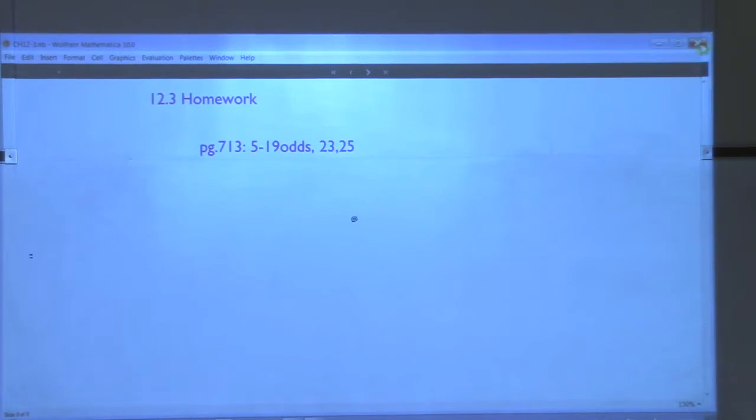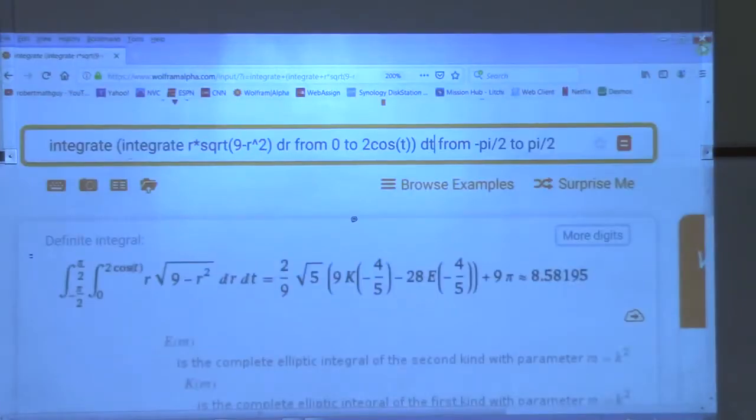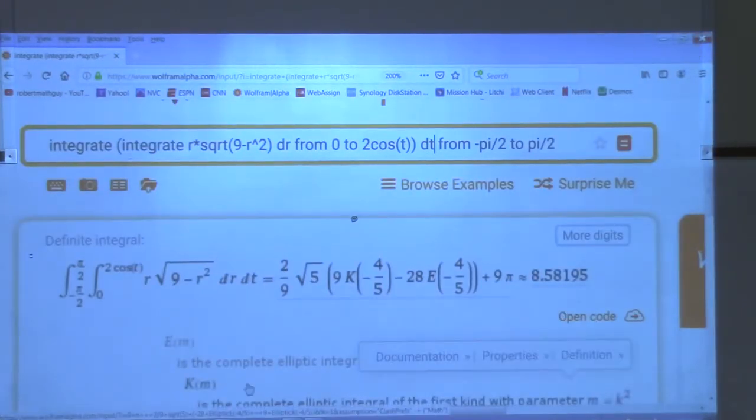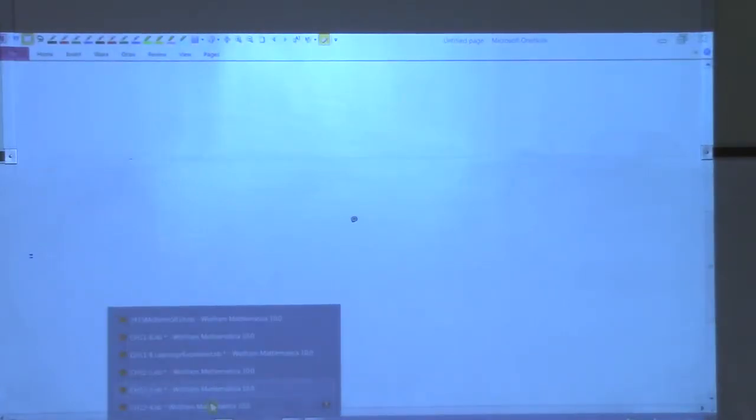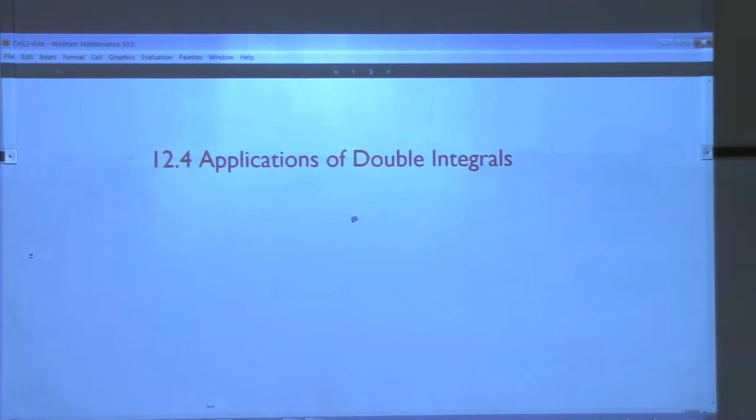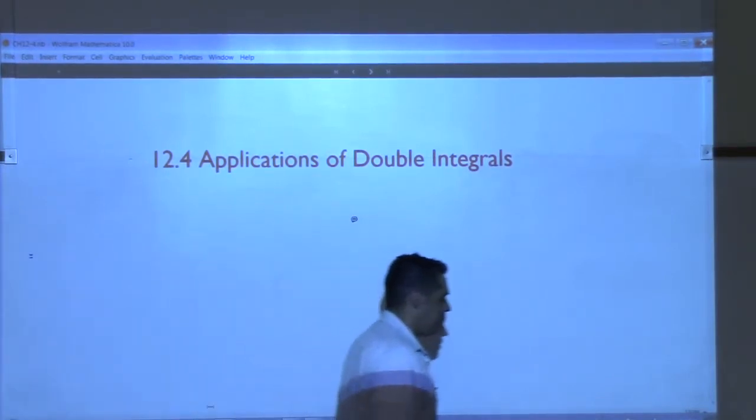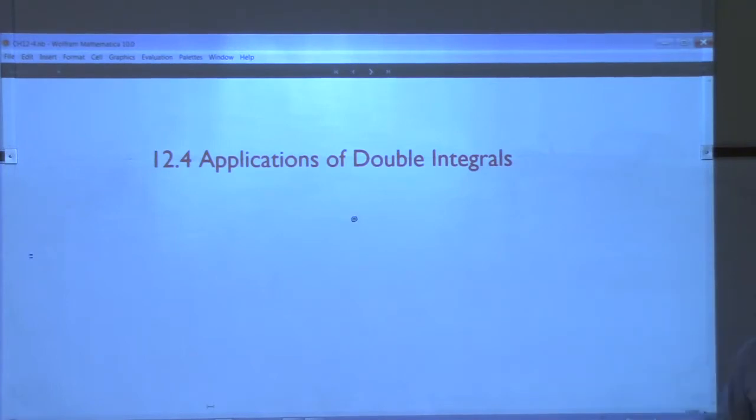Okay. So we have one more thing to talk about before we can go, and that is applications of double integrals. Now, there are many applications. I have to pick something, and so what I'm going to choose is this idea of centers of mass and moments of inertia.